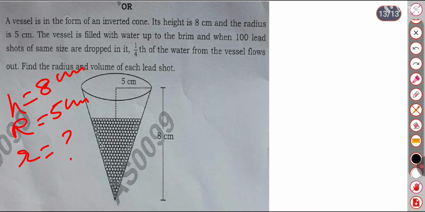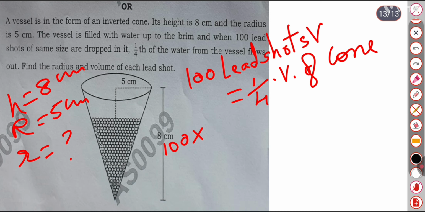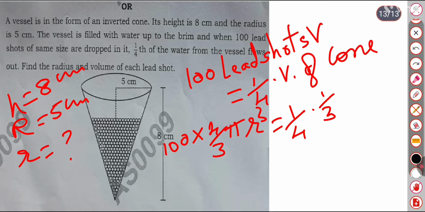So 100 lead shots volume will be equal to 1/4 of the volume of the cone. A lead shot is a sphere, so sphere volume is 4/3 pi r cube, equal to 1/4. Volume of cone is 1/3 pi R square h, with capital R.